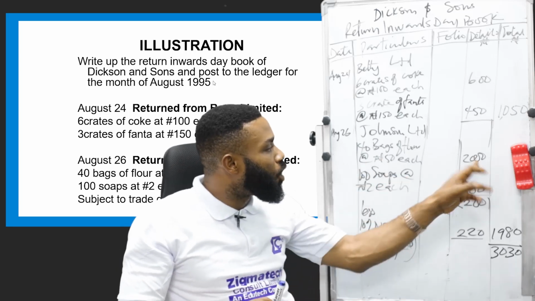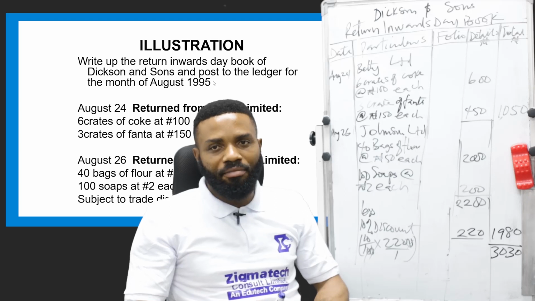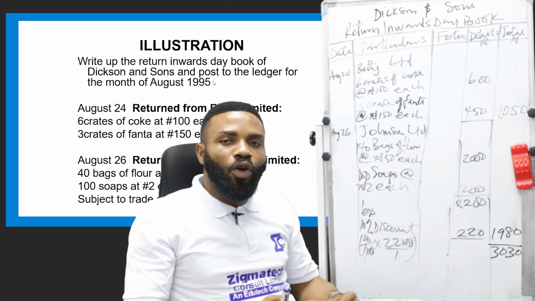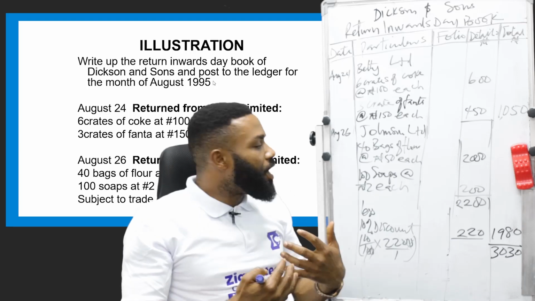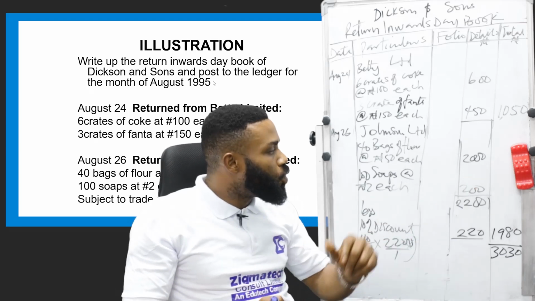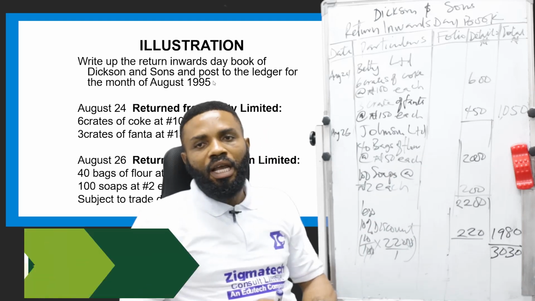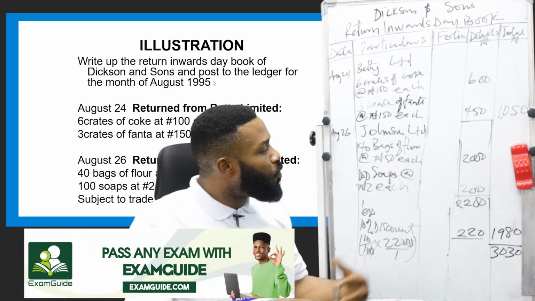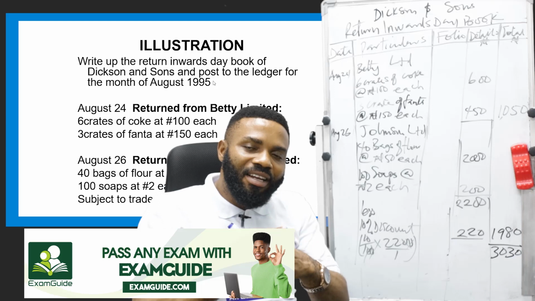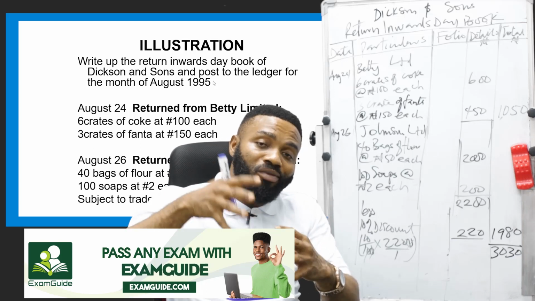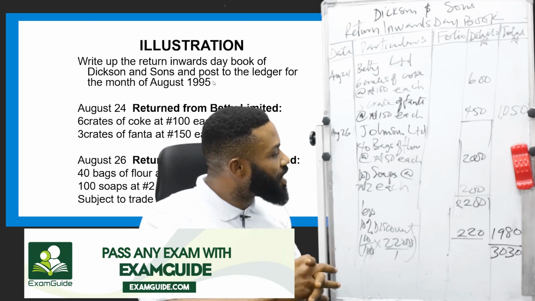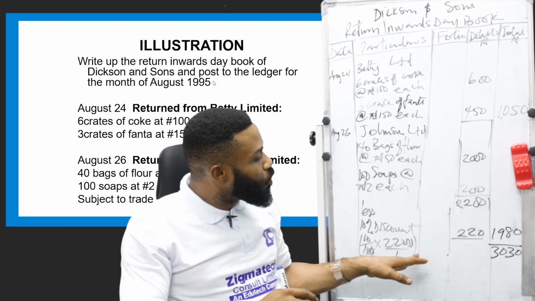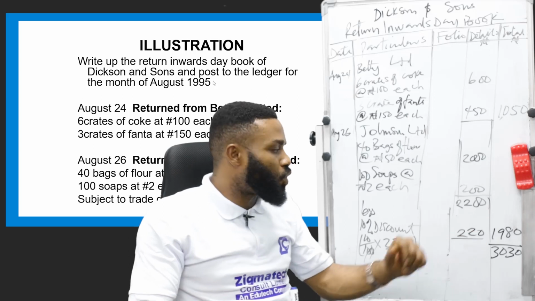When you multiply, we got 2,000 naira worth of items. And then they also returned 100 soaps at 2 naira each. When we calculated, we got 200. And this 200, we have to now charge 10% discount. If you charge 10% discount on this, you are going to have 220.